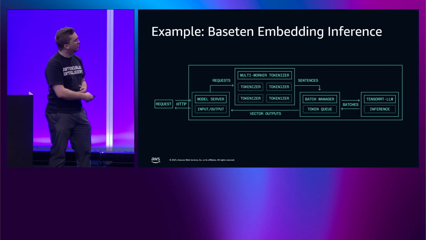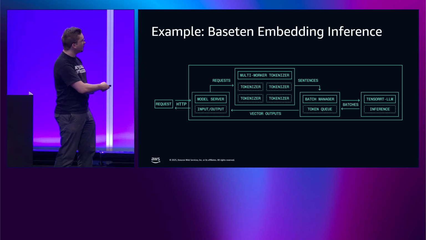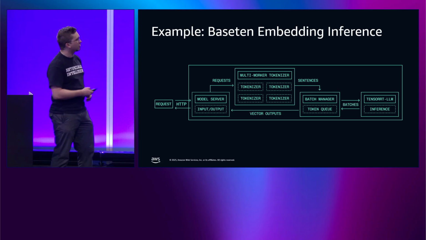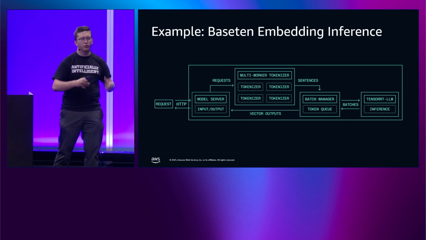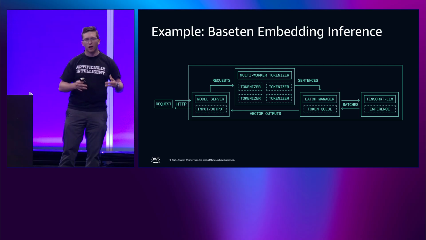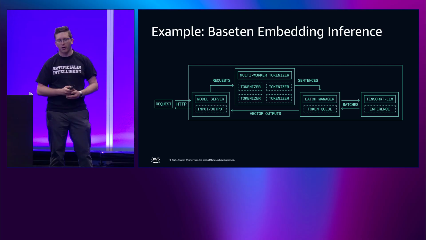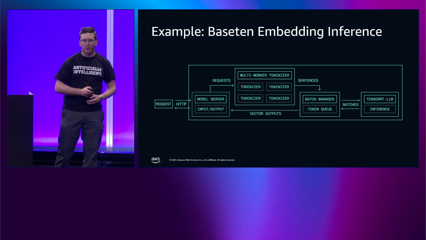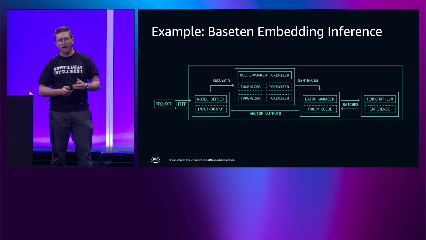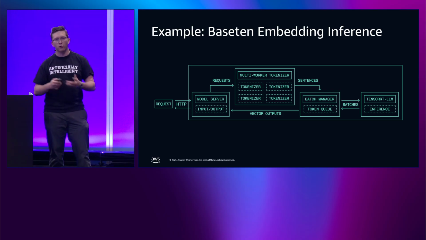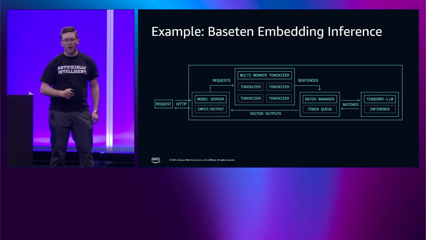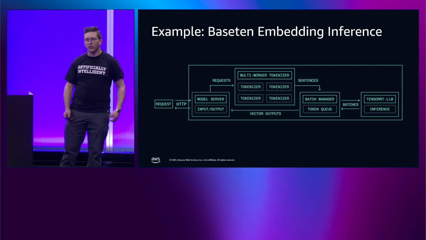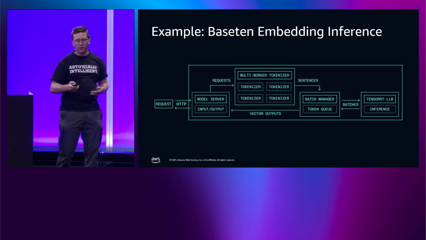So for example, for embedding inference, you would have a model server sitting in front of it to process the requests, a multi-worker tokenizer that's able to take the generally hundreds or thousands of individual sentences or individual inputs that might be batched together in a single inference request to an embedding model in particular, stick it into a batch manager, queue it up, and take advantage of the same sort of token by token in-flight batching, continuous batching mechanism that your runtime provides for language models. And then all of a sudden, you have the same high-quality inference service in a completely novel modality.